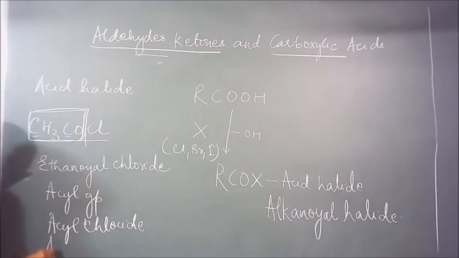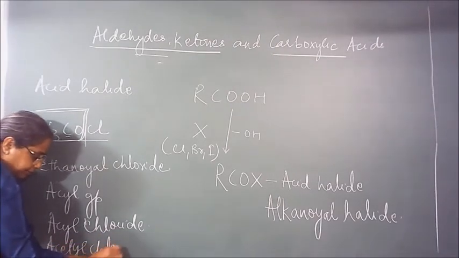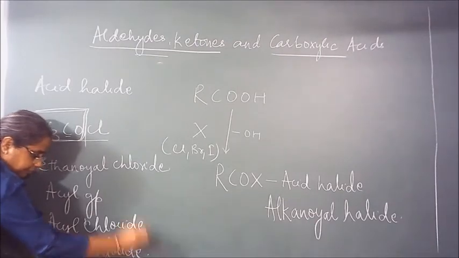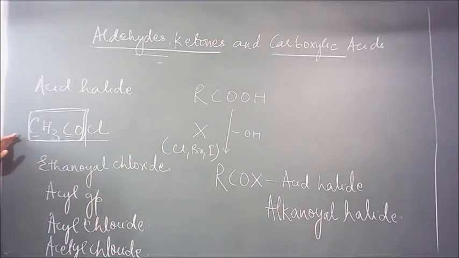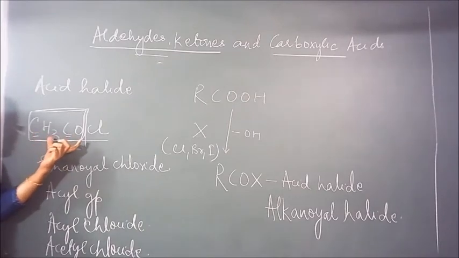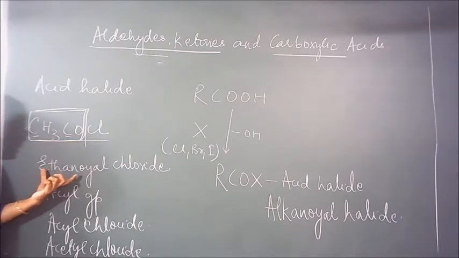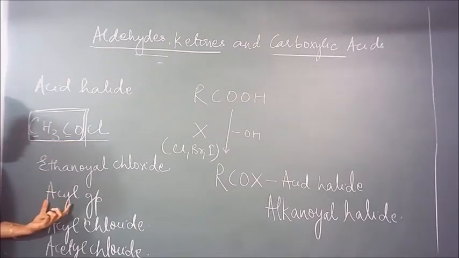Some also call it acetyl chloride. So the first member, CH3COCl, is called ethanoyl chloride. It is also called acyl chloride or acetyl chloride.